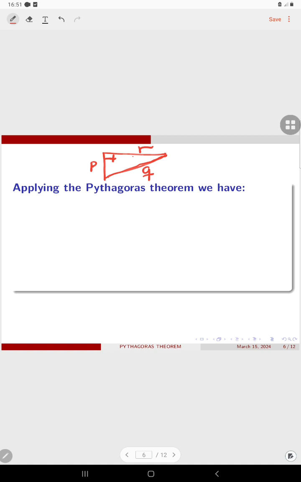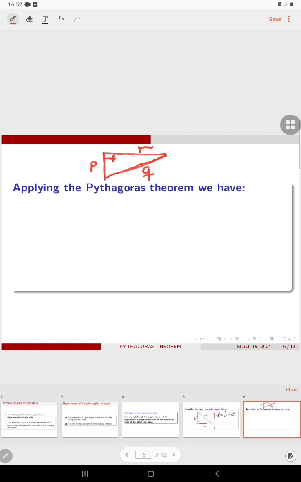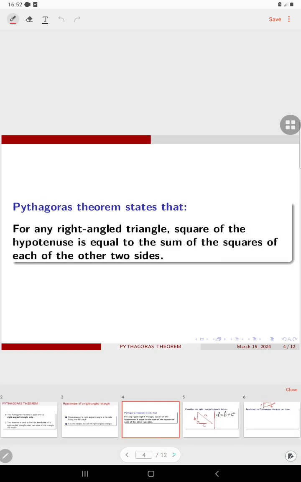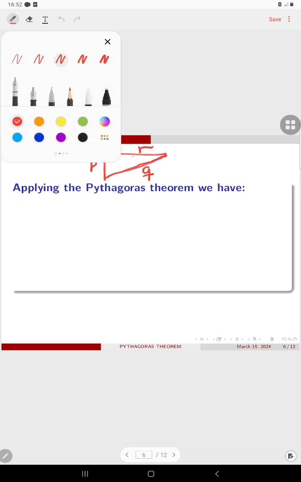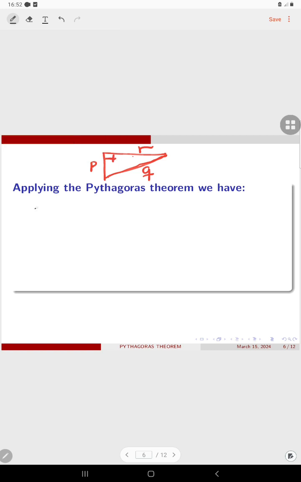If we are applying the Pythagoras theorem here, then what do we get? According to the Pythagoras theorem, the hypotenuse must come first. The square of the hypotenuse. So here, what is my hypotenuse? My hypotenuse is Q, because Q is the one facing the 90 degrees. Q squared should be equal to, you can pick any of them first, P squared plus R squared.